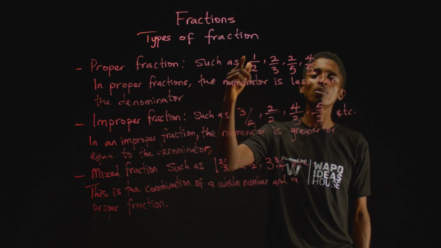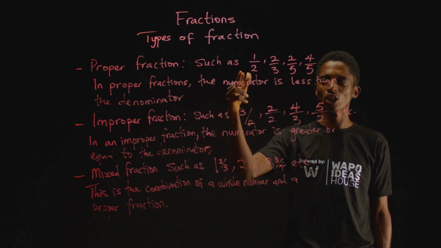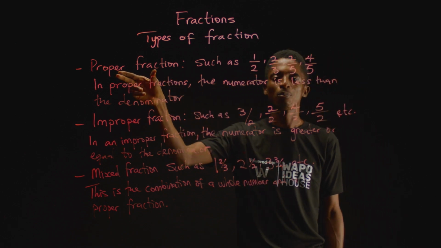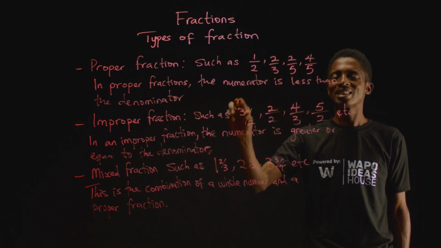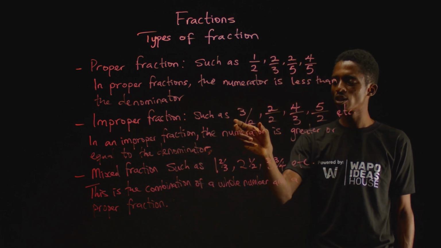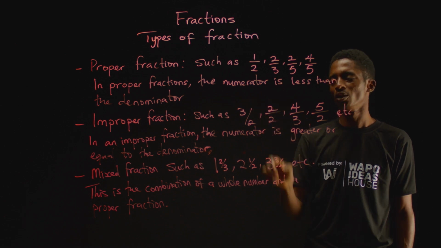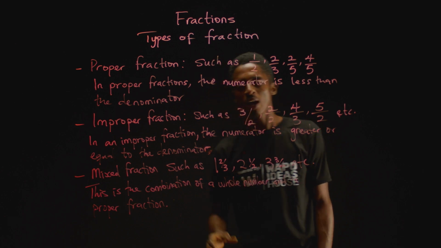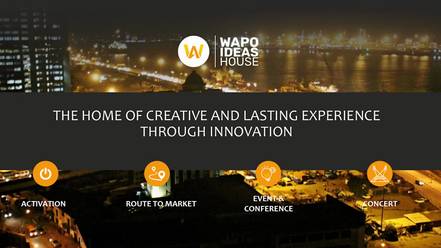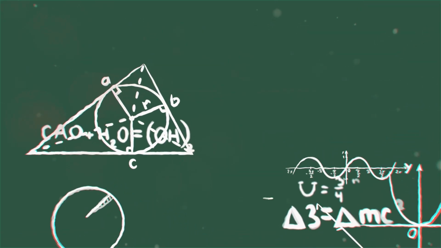Remember, if the numerator is less than the denominator, you have a proper fraction. Then when the numerator is greater than the denominator or of the same value, then you are working with improper fractions. And when you have a mixture of a whole number and a proper fraction, that is a mixed fraction.